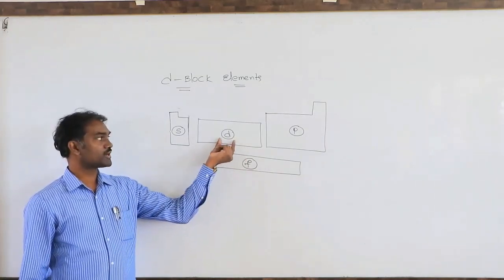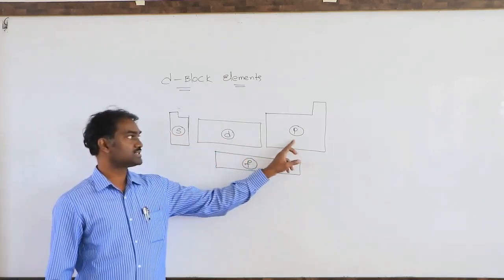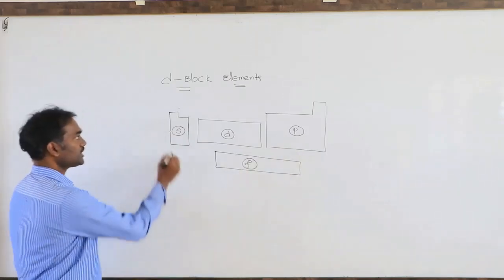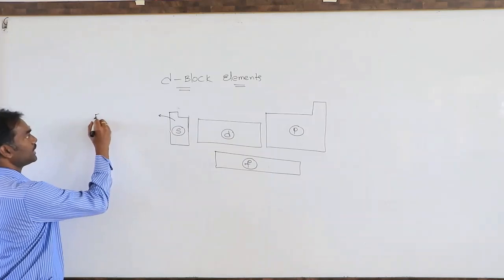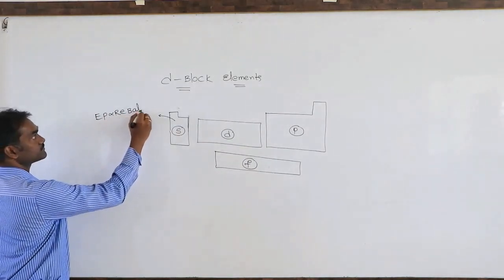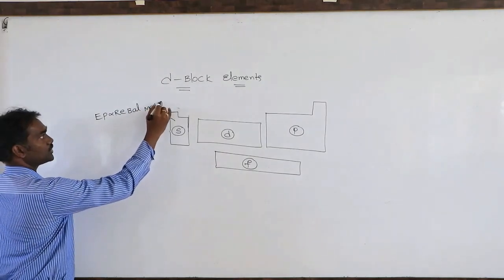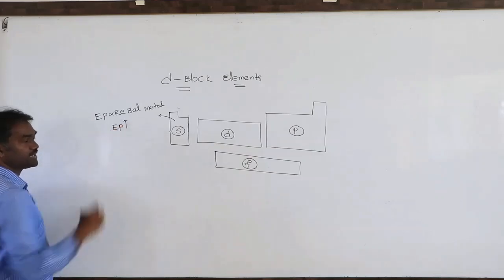So what are the properties of D block elements? It is exactly in between the S block and P block. So what are the properties of S block elements? Here we have EP Rebel Metal. S block element properties are high electropositivity.